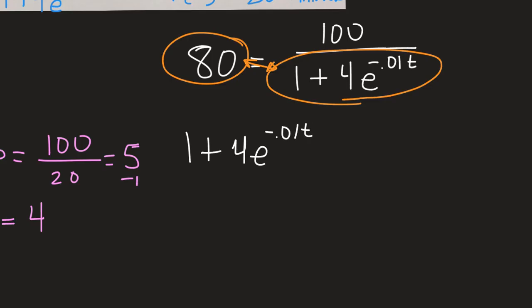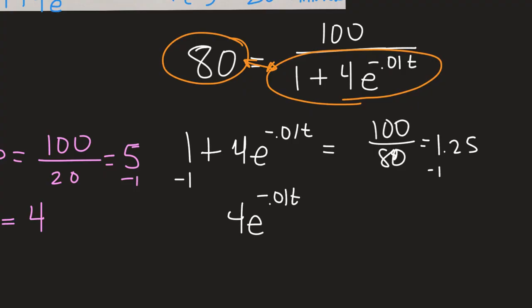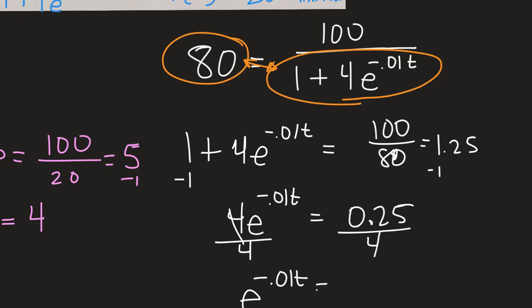That's our little math hack. 100 over 80. 100 divided by 80 in our calculator is 1.25, minus 1 is 0.25. Divide that by 4, to get rid of the 4, and that's 1/16.